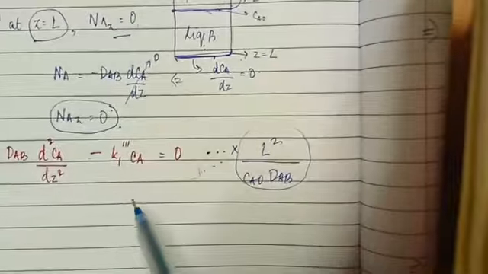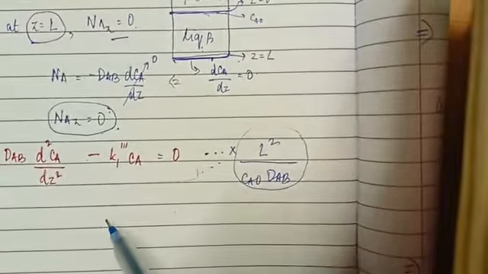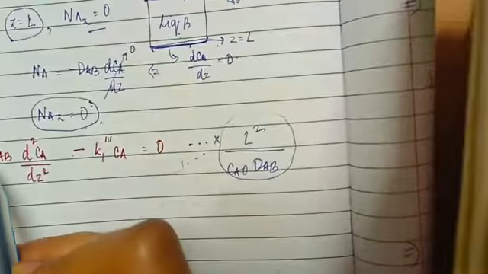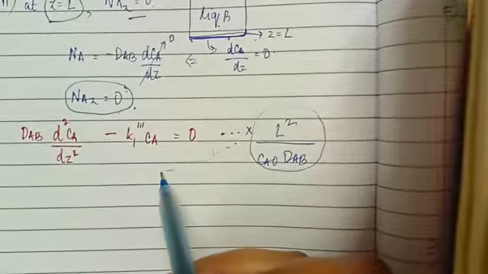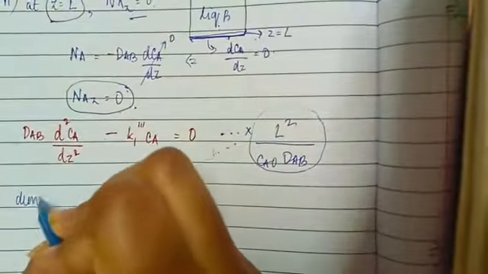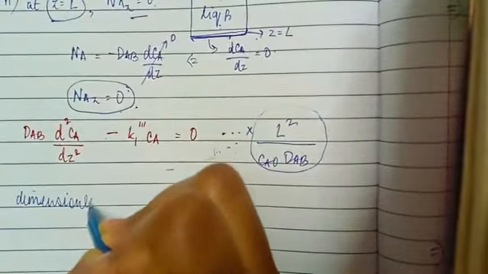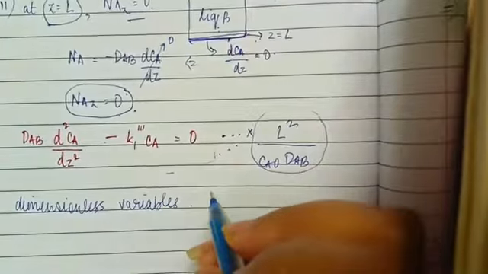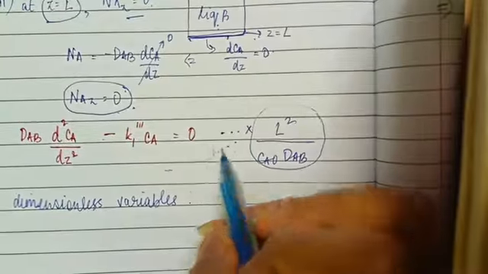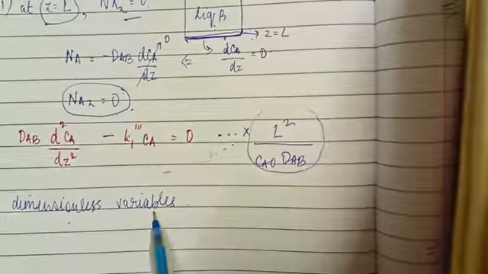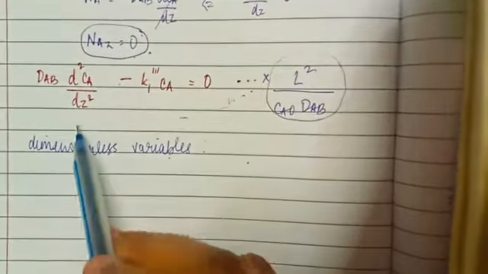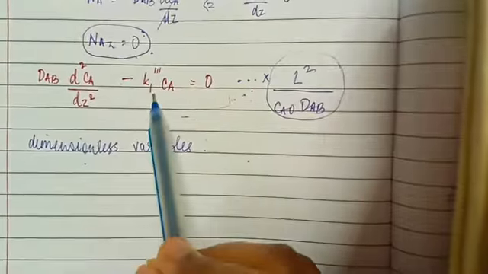By multiplying this term into the whole equation, we get the whole differential equation in terms of dimensionless variables. By now getting the equation in terms of the dimensionless variables, it becomes very easy for us to solve the equation.